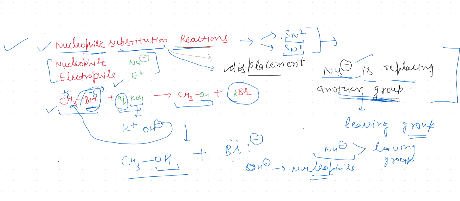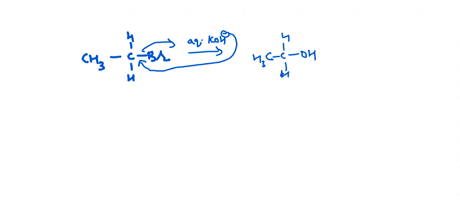First of all, we will try some more reactions by changing the substrate, alkyl halide, with aqueous KOH. Let's see another example. This is our primary alkyl halide. It is subjected to react with aqueous KOH, and again the alcohol is formed. Here bromine is replaced with the OH negative group.